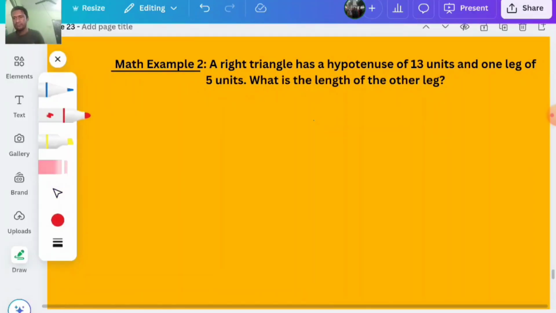Example 2. A right triangle has a hypotenuse of 13 units and one leg of 5 units. What is the length of the other leg?